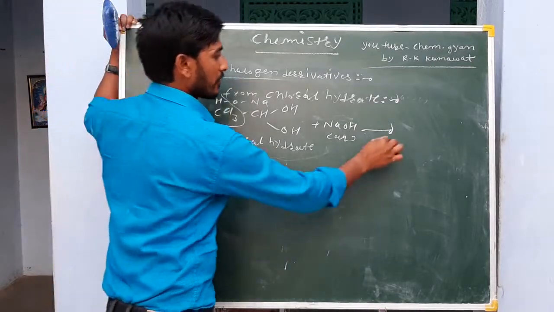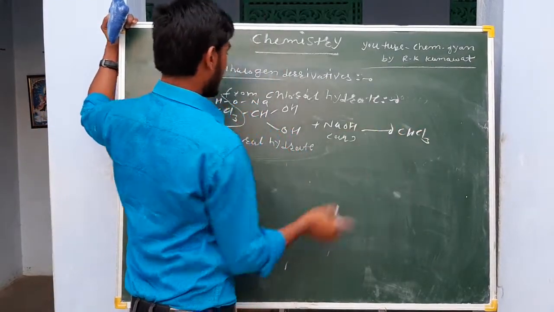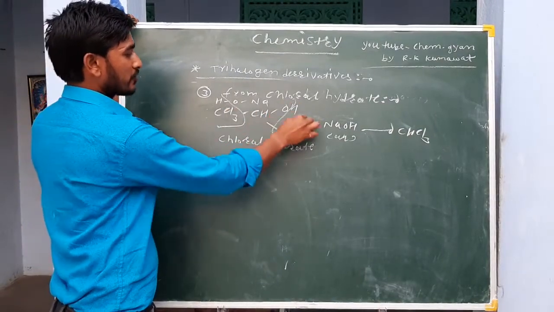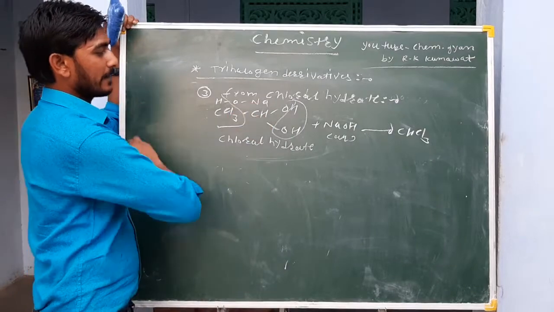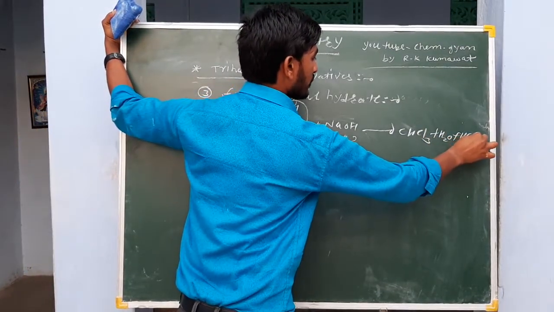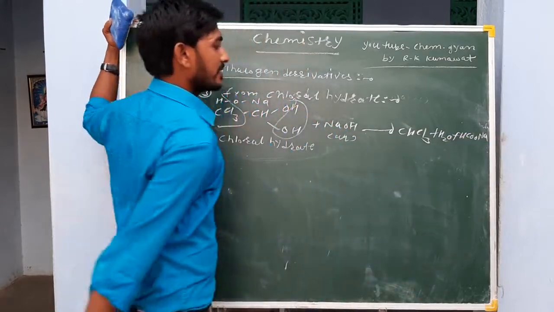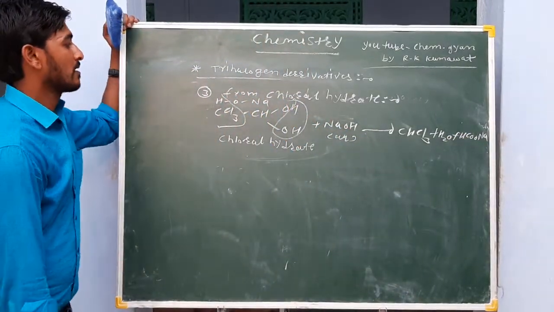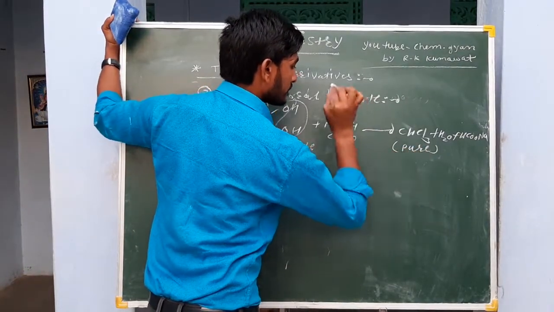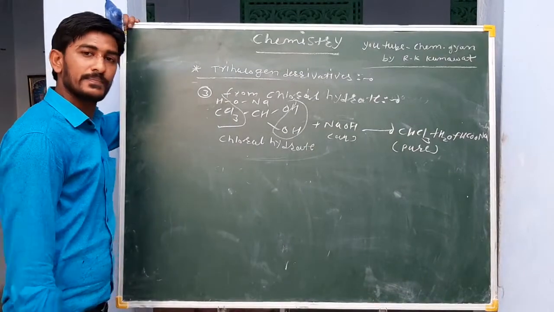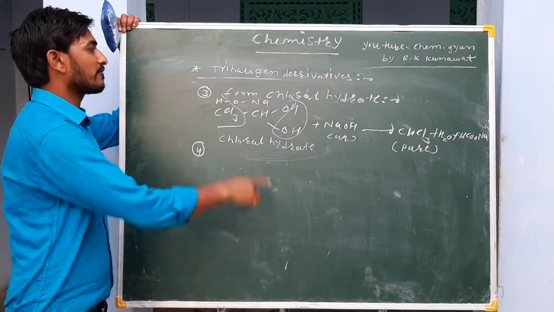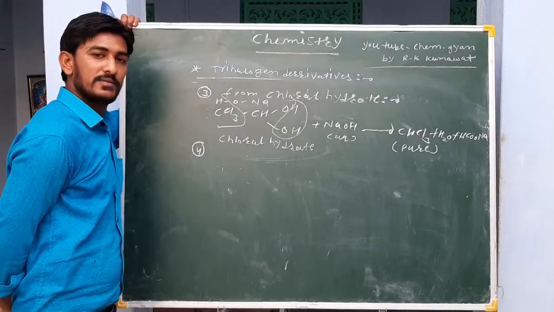CHCl3, chloroform, is formed, and other product H2O removed, and HCOONa means sodium formate also removed in this reaction. Chloroform is formed in pure form in this reaction.